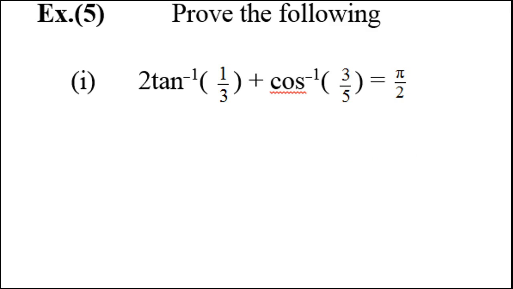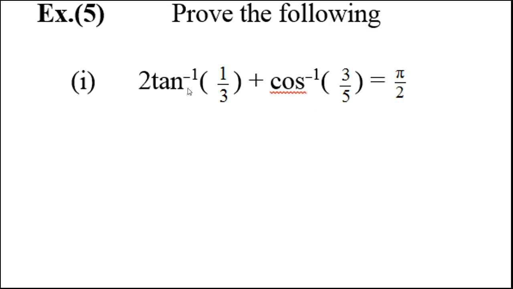So what was the question? Question is 2 tan inverse 1/3 plus cos inverse 3/5 is equal to pi by 2, हे प्रूव्ह करायला सांगितलेलं आहे. मग आपण काय केलं, ह्या 2 tan inverse 1/3 ला tan inverse 1/3 plus tan inverse 1/3 लिहिलं, त्याची बेरीज केली आणि ती साइन इनवर्स मध्ये एक्सप्रेस केली. याचं सिम्प्लिफिकेशन आलं साइन इनवर्स 3/5. मग ह्याची किंमत जर साइन इनवर्स 3/5 असेल तर आपलं हे संपूर्ण लेफ्ट साइडचं एक्सप्रेशन होतं साइन इनवर्स 3/5 प्लस कॉस इनवर्स 3/5.